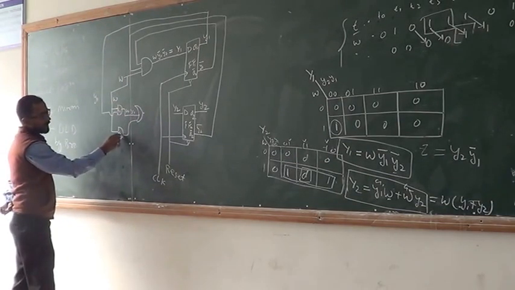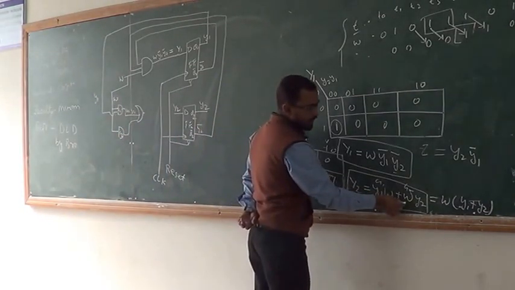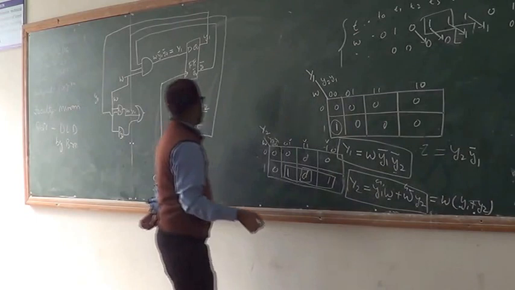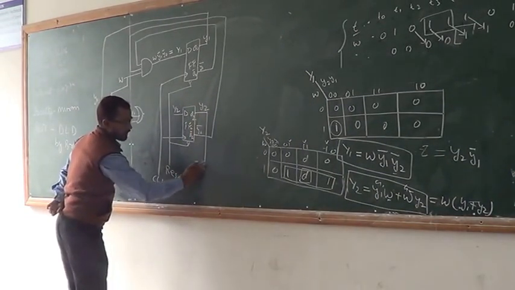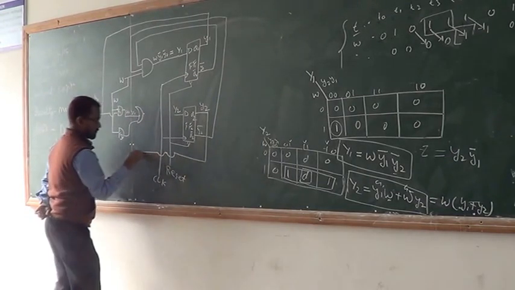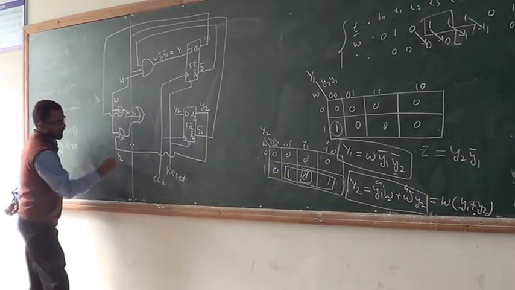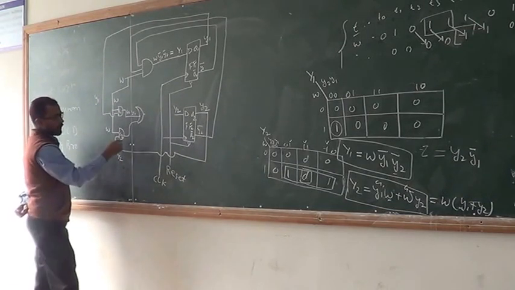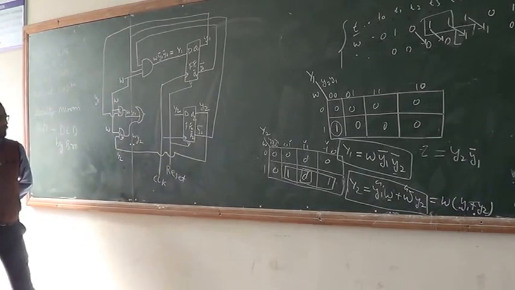Now here, this is gate 2. For gate 2, W I already mentioned. And Y2, where is Y2? Y2 is there. This is Y2. This is W, and we get W of Y2. Okay?